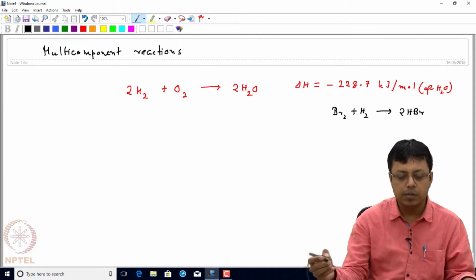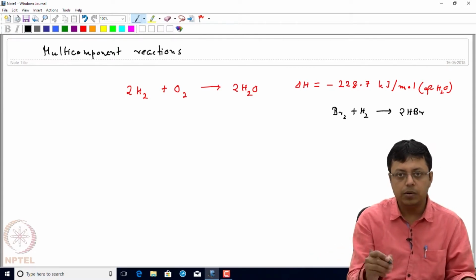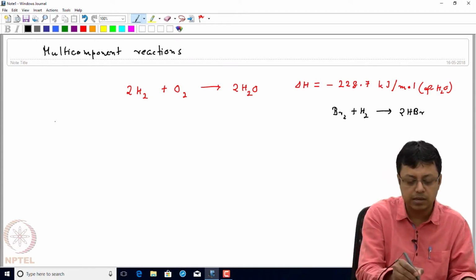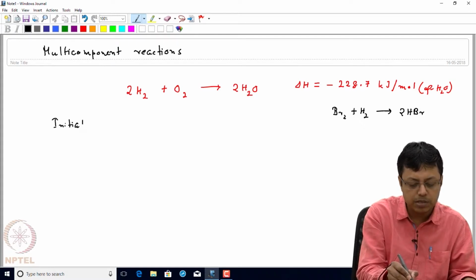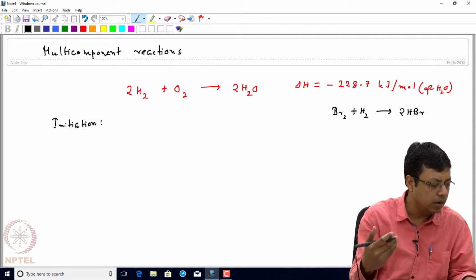Here also we will be talking about similar radical chemistry. There we talked about the initiation of the process, where first the radicals are generated. Here also we have an initiation process, but this initiation can be through a spark, photochemistry, or many other activation mechanisms.